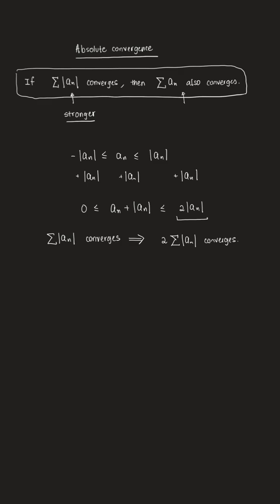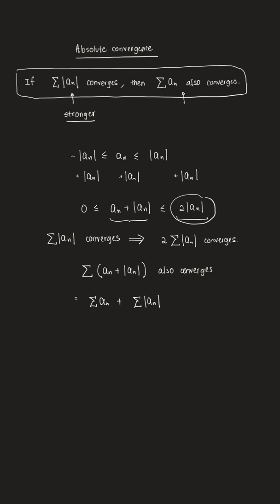And so by direct comparison, since a sub n plus absolute value of a sub n is smaller than 2 times the absolute value of a sub n, the series whose terms are a sub n plus absolute value of a sub n must also converge, since all of its terms are smaller than the terms of a series that converges. And if this converges, we can split it up: it is equal to the sum of a sub n plus the sum of absolute value of a sub n.